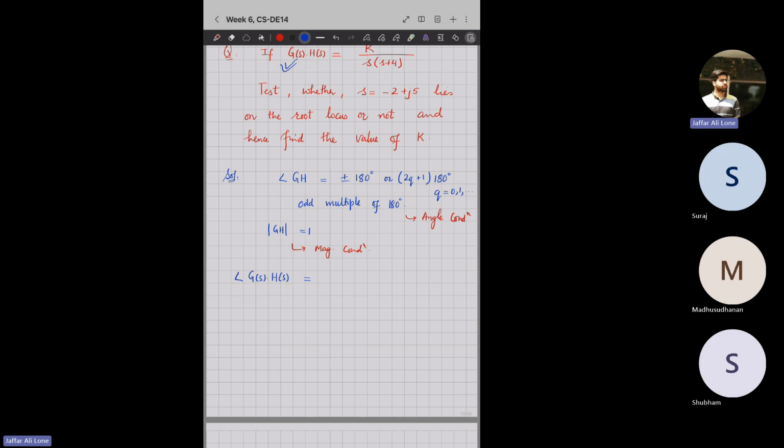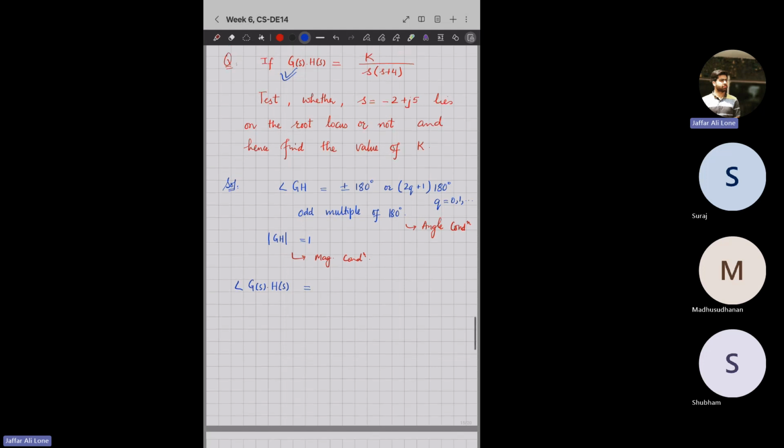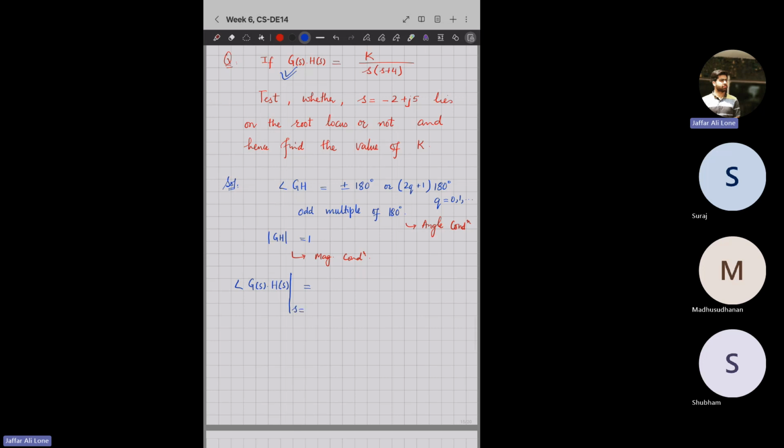In the numerator there is nothing, but first, we have to evaluate this angle at s equal to minus 2 plus j5. Wherever there is s, just put minus 2 plus j5.